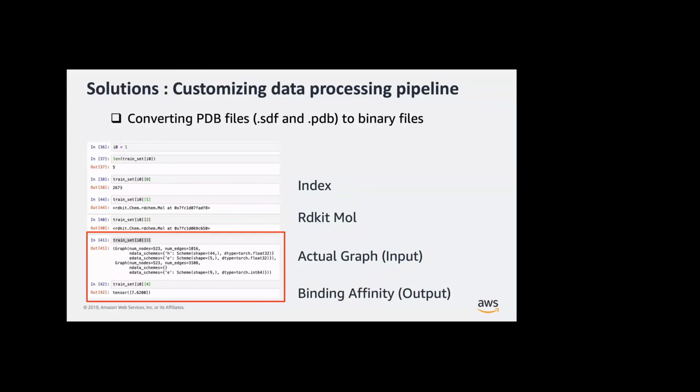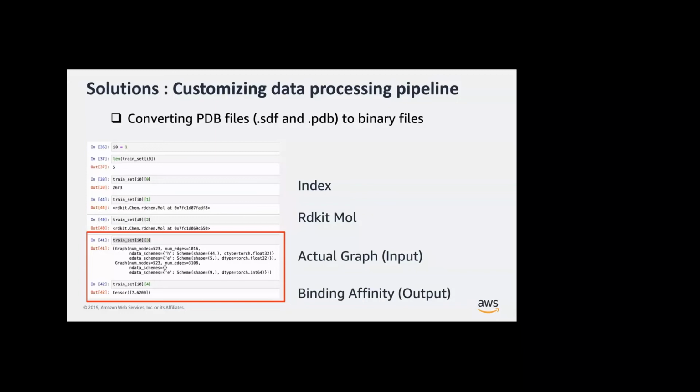By doing so, this is what the PyTorch or DGL dataset looks like. You have a list with a length of 5. Index 0 is taken by the data index. In this example you see 2673, which is the number of the complex. Index 1 and 2 are taken by the RDKit mol data type.